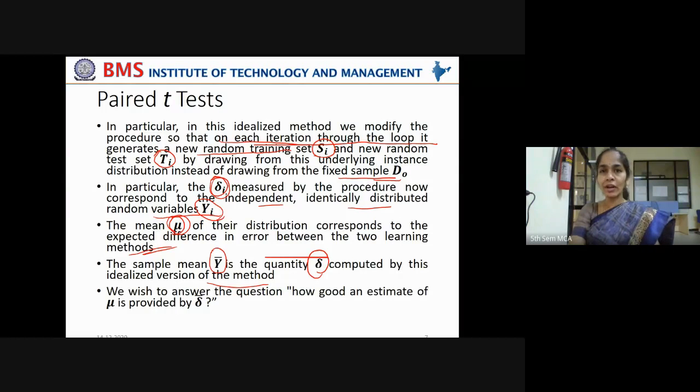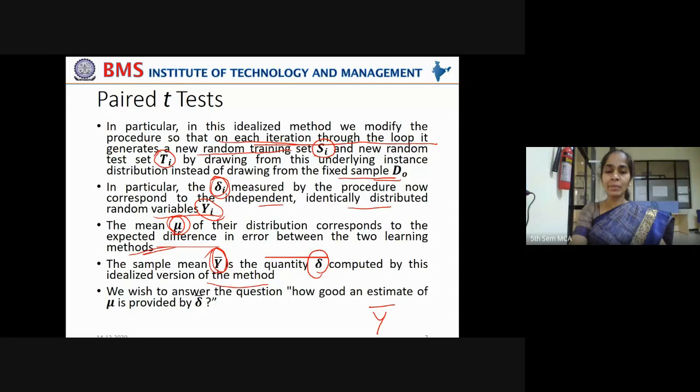So what is your parameter of interest here? Errors. When you are finding the mean of the errors, it is nothing but y bar, right? The parameter of interest is error, which is denoted by the random variable y that is going to be measured. Now when you are finding the mean of the errors, it is nothing but the mean of y.